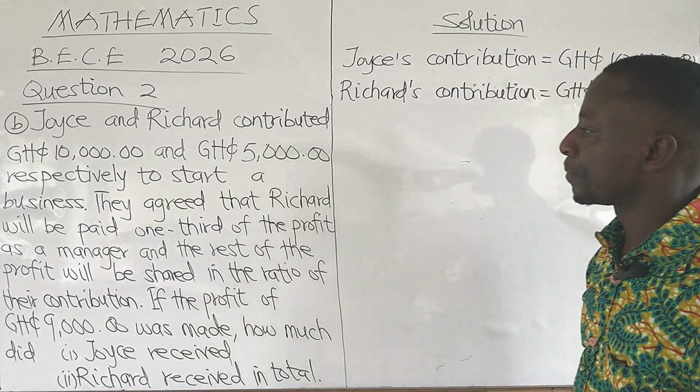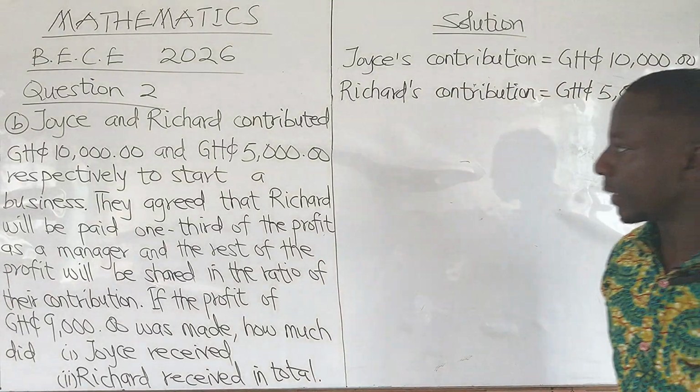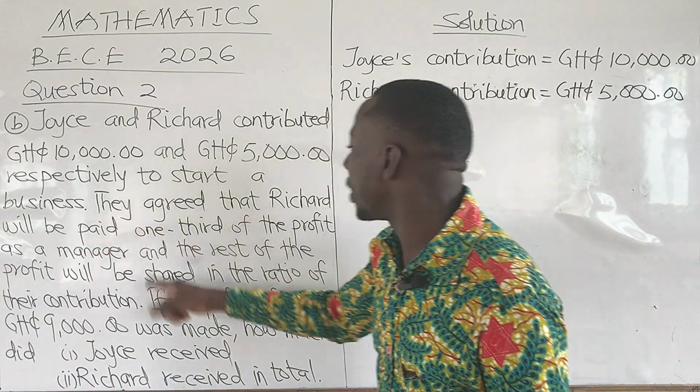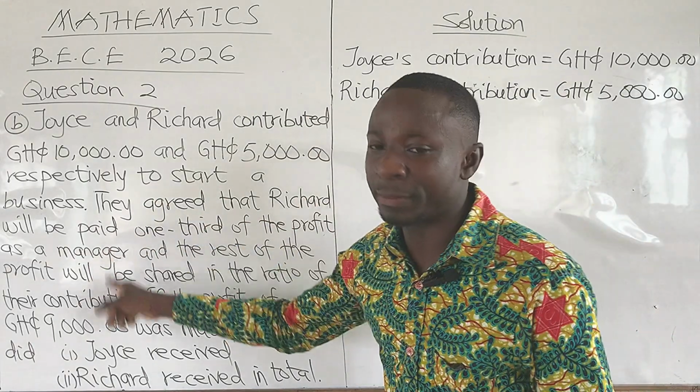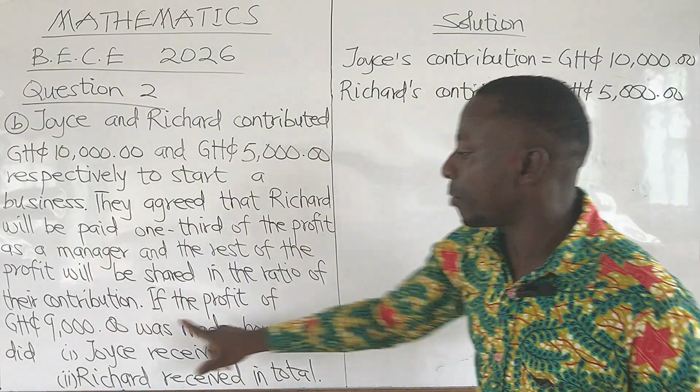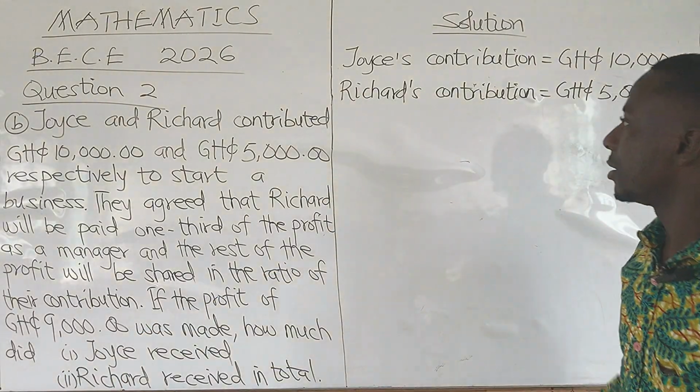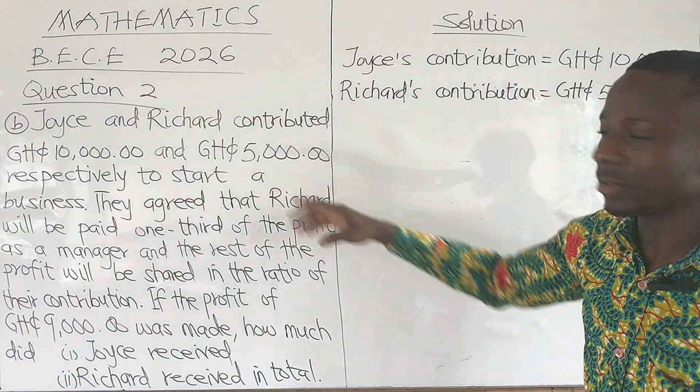All right. Now let's proceed. They agreed that Richard be paid 1/3 of the profit as a manager. And here the profit was 9,000. So now we need to get the manager's share.